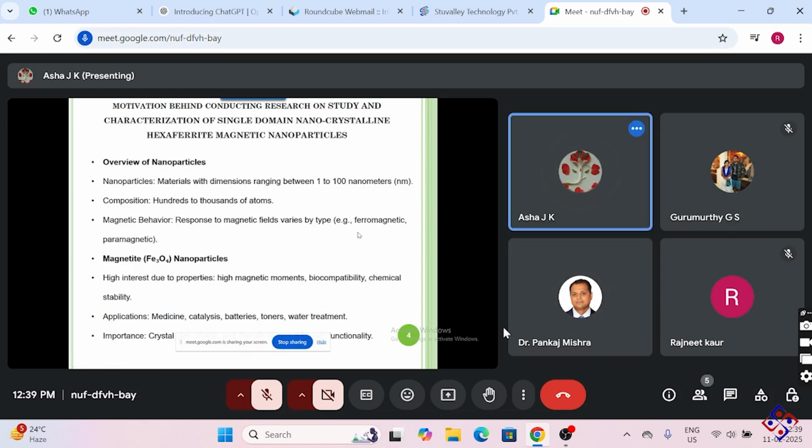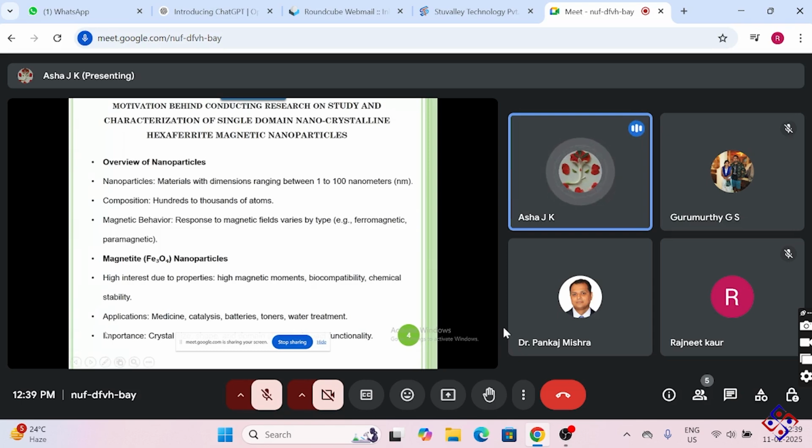Okay. Here is a small introduction about nanoparticles. Nanoparticles are tiny particles or materials with a dimension ranging between 1 to 100 nanometers, and they can comprise 100 to 1000 atoms.